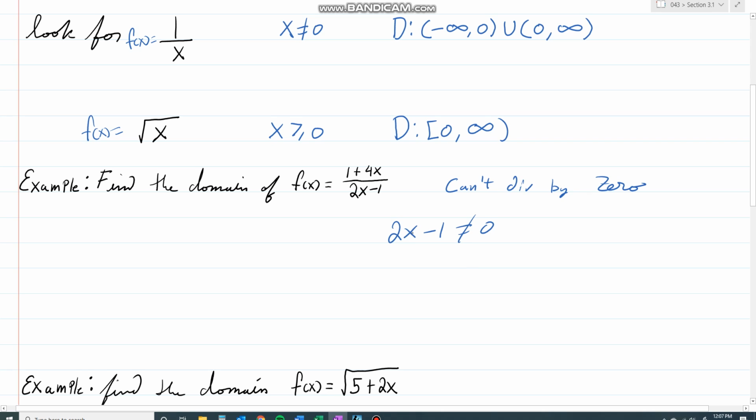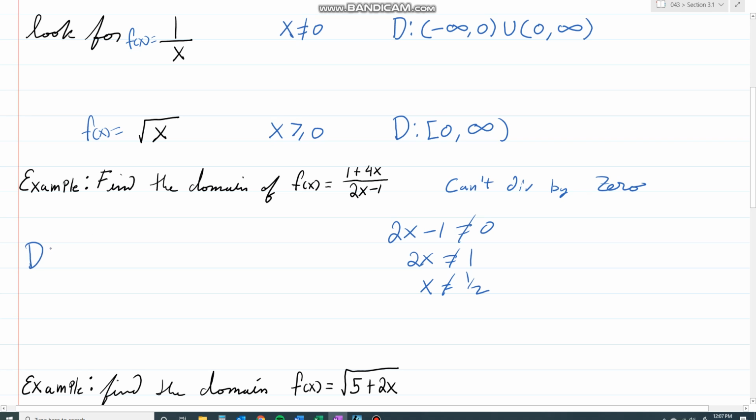What value of x would make it equal? So let's solve. 2x cannot equal 1. X cannot equal 1/2. That's the only restriction we have on this function, is that x cannot equal 1/2.